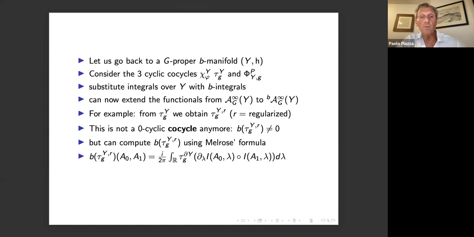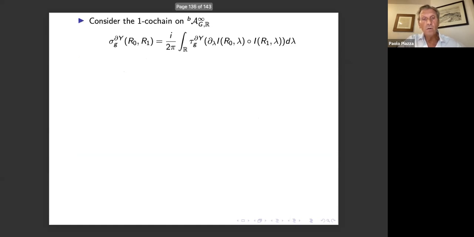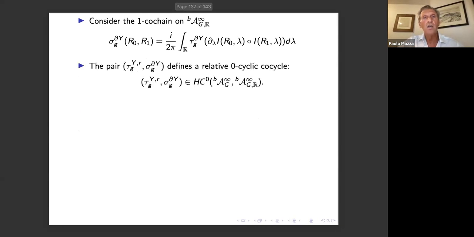And here is the formula we know. So now, if we consider this one-cochain, what you can prove, and here again, there is some analysis involved because you have to show that everything extends to the Harish-Chandra Schwartz algebra and so on, is that this pair is a relative 0-cocycle.